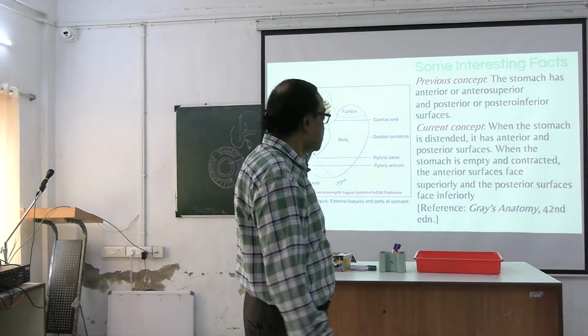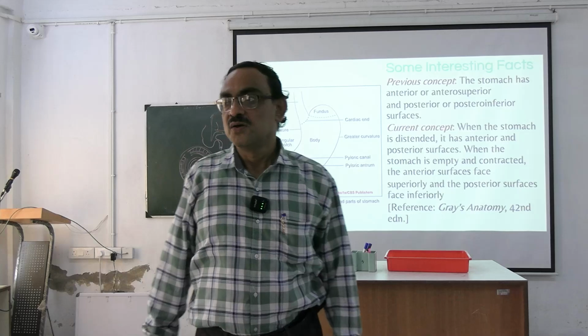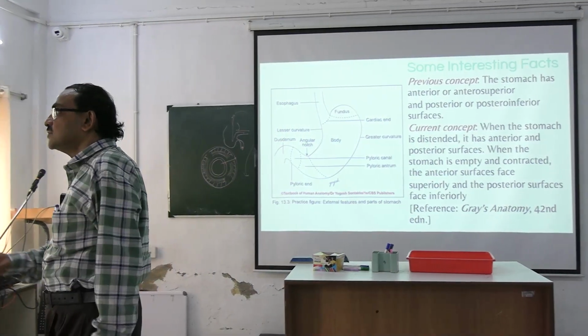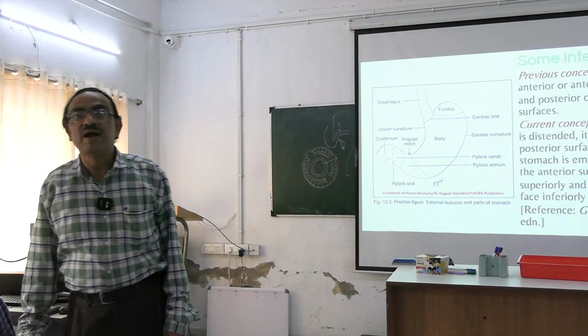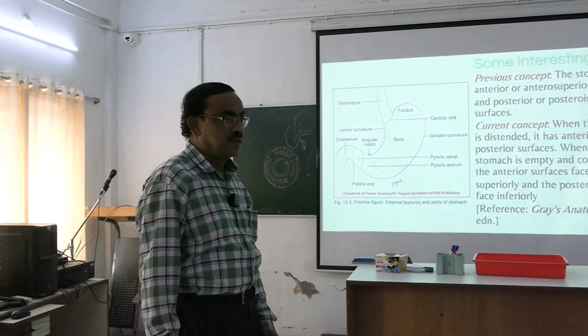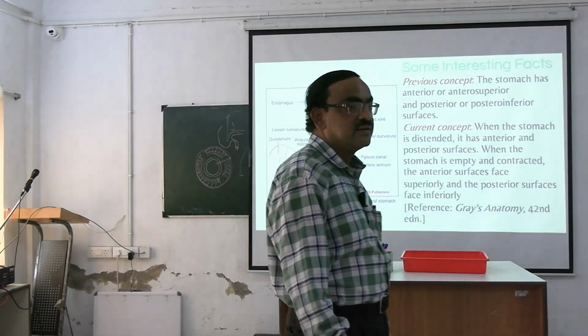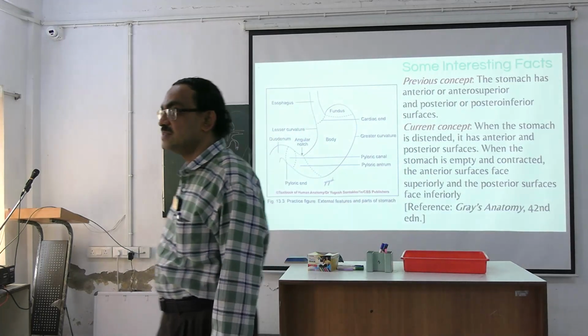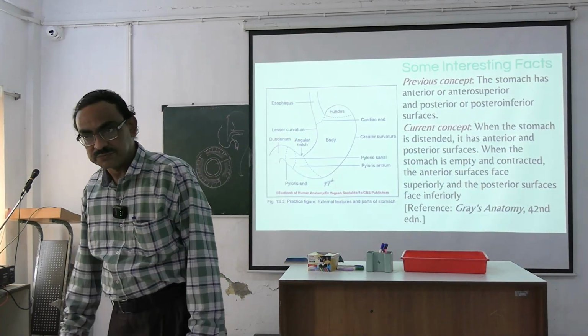The upper part is called the fundus. And what is the peculiarity of the fundus? The fundus contains the fundic gas. And in X-ray, we can discover the black shadow, that is the fundic gas shadow.